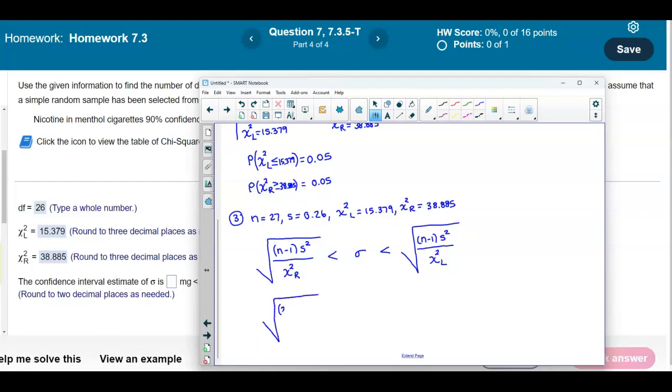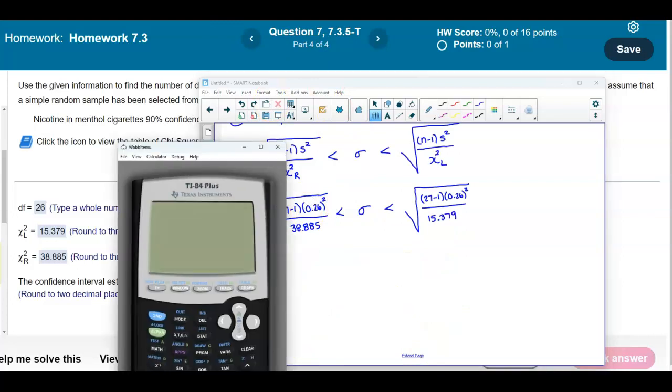So we have 27 minus 1 times the standard deviation of 0.26, and that's the sample standard deviation, squared, over the chi-square critical value on the right, which is 38.885. And on the right hand side, we have 27 minus 1 times 0.26 squared all over the chi-square critical value on the left, which is 15.379.